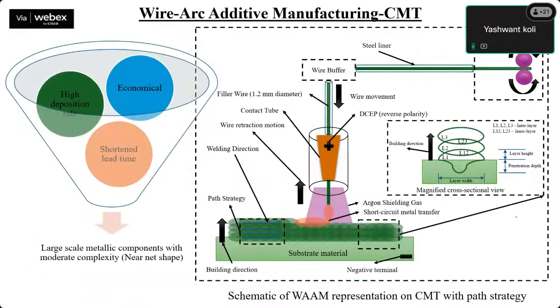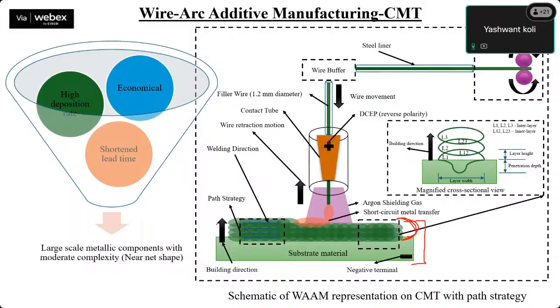So this is the basic schematic WAM representation on CMT with path strategy. This is the base metal, the substrate metal, and these are the number of layers deposited, one layer over the other on the substrate metal.